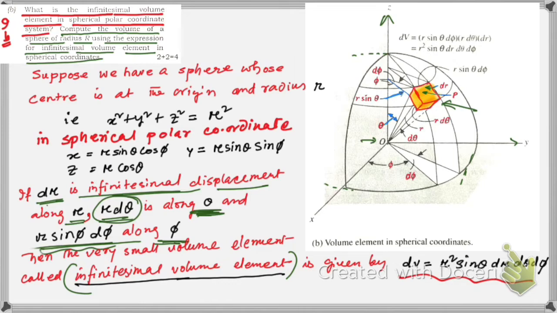Now the next part of the question: if the radius of this sphere is r, what will be the volume? How do we calculate the volume from this volume element? Let me show you.